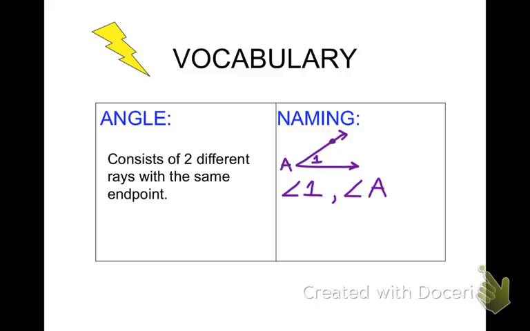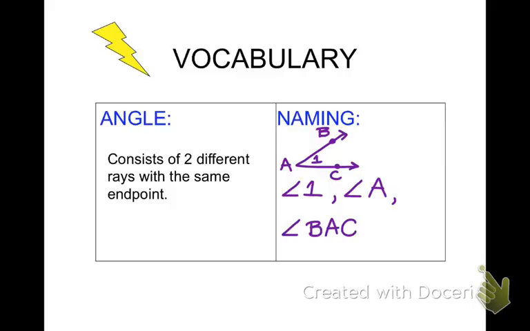And then sometimes, let's add 2 other points, B and C, onto my rays. What I want you to get in the habit of doing is the following type of naming. And that's using 3 points within that angle and making sure that your vertex is always in the middle. So I could call this whole entire angle, angle BAC, with A being the vertex and A being listed between the 2 other points.